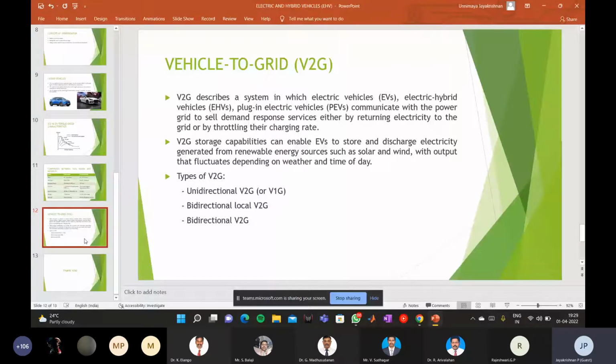Then next, as described in one of the slides, so much heat is generated in the IC engines, and a lot of heat is transmitted to the interior of the car. Those who drive the car without AC will experience very high temperature inside the car.